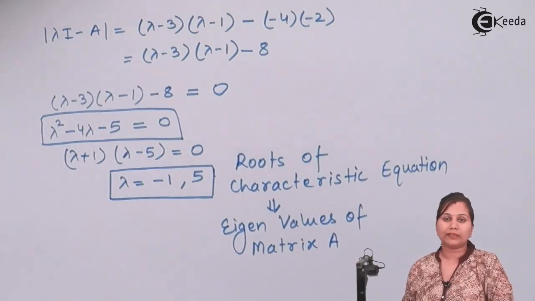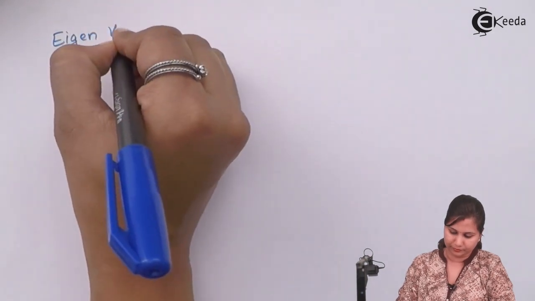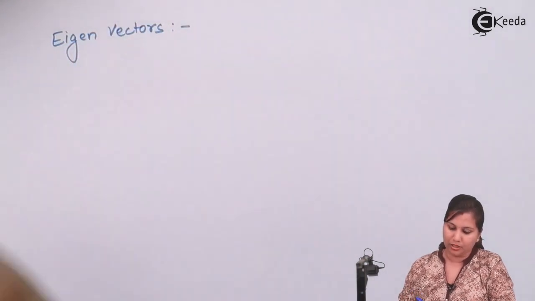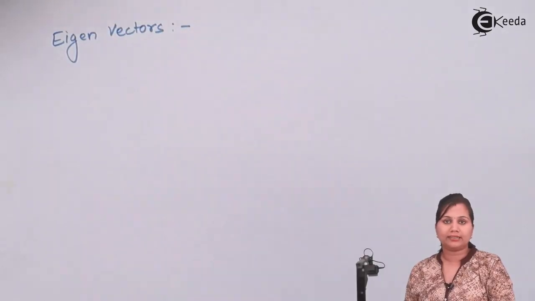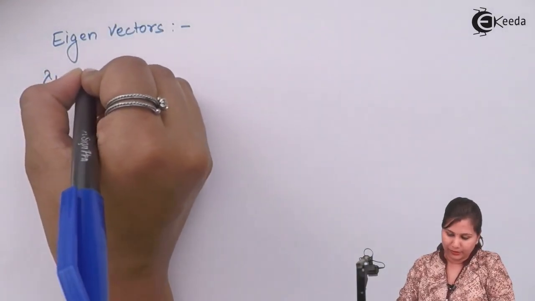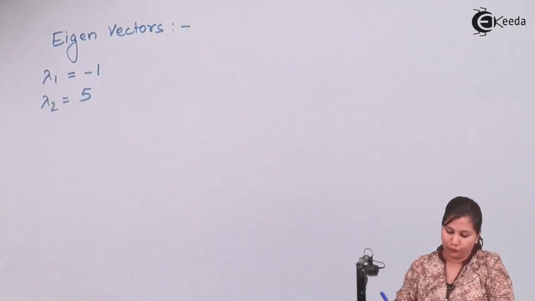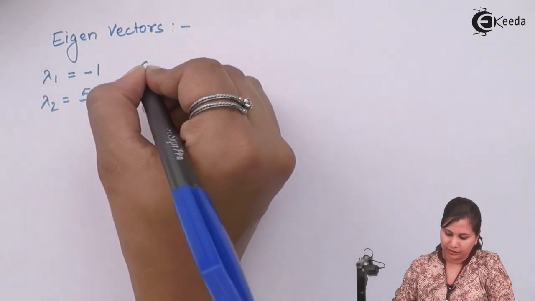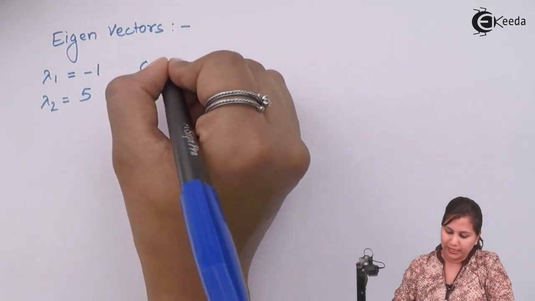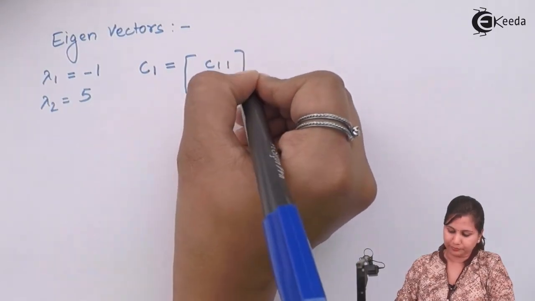Now we are going to calculate the eigen vectors. So for each eigen value we have a corresponding eigen vector for it. So first eigen value is minus 1 and second eigen value is 5. So for first eigen value we have the eigen vector C1 whose elements are C11 and C21.